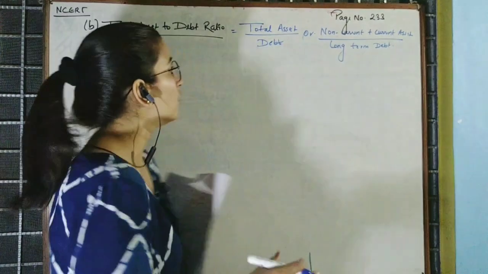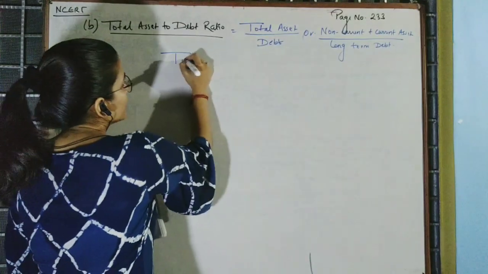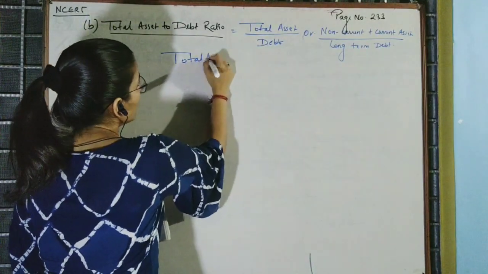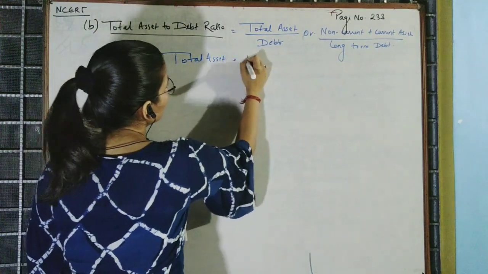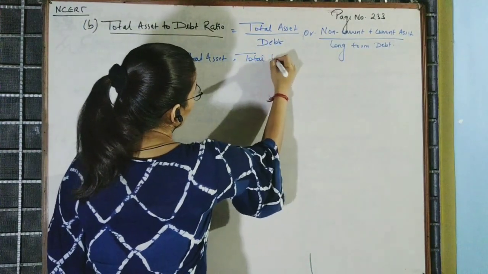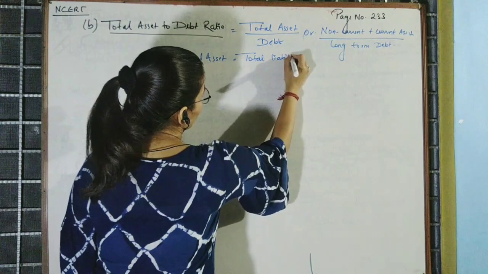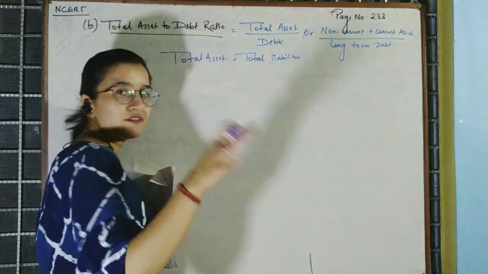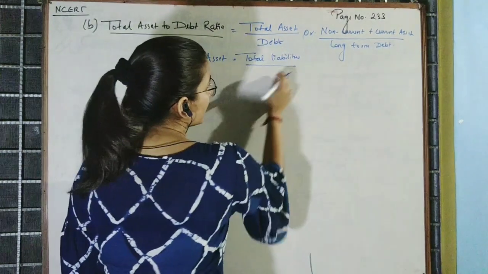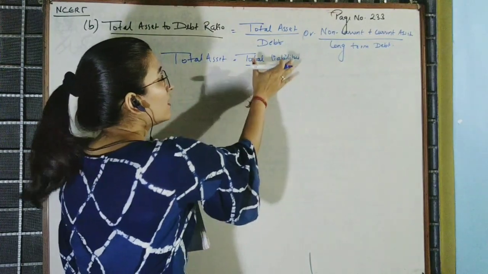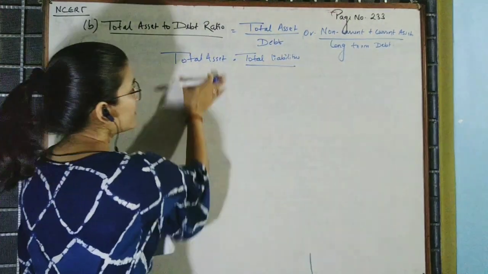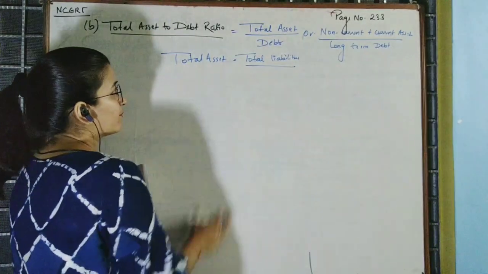So as we know, total asset is always equal to total liabilities. So in the previous part, we have already calculated the amount of liabilities. These liabilities will be considered as total asset also.